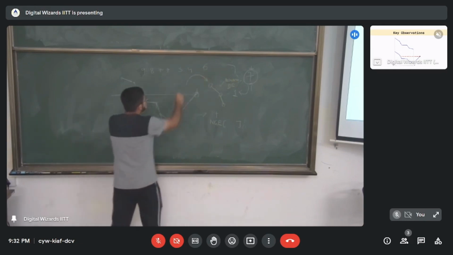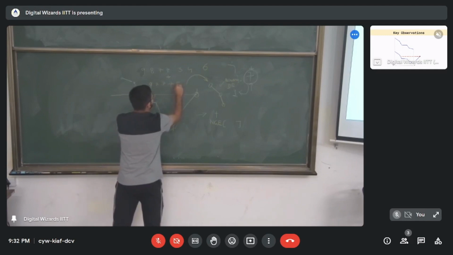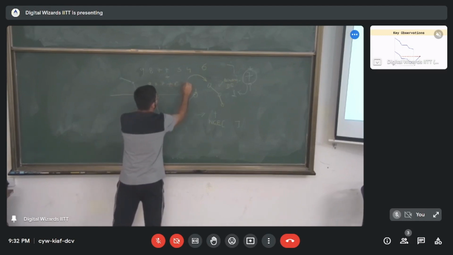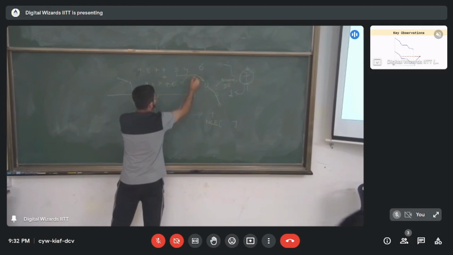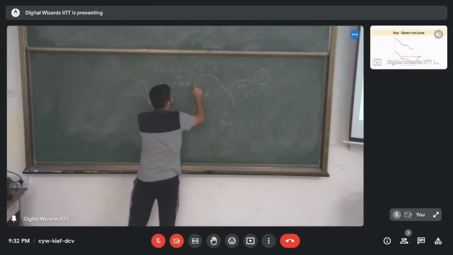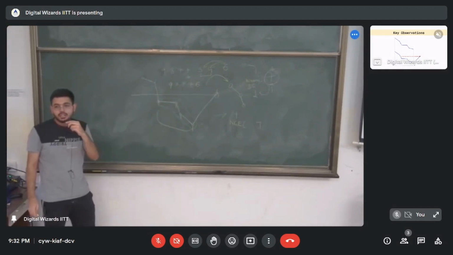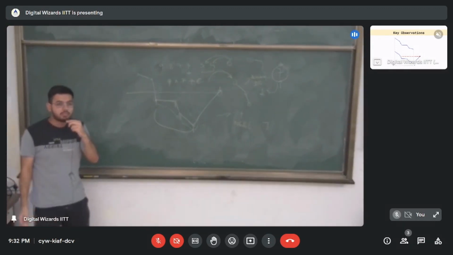Then I want this array to be converted to 9, 8, 7, 7, 5, 6, 5. Yeah, 6, 5. 5 and 4 should be eliminated because the next greater element is 6. So I think this is the data structure that we want. So are there any implementation ideas?